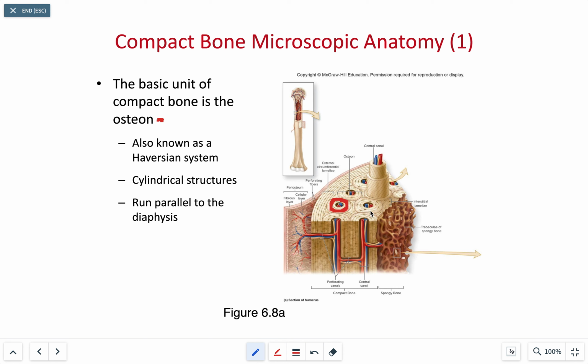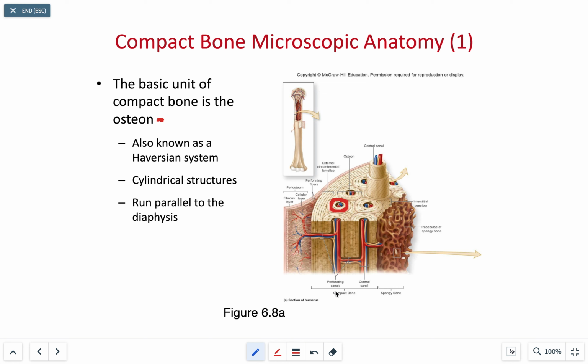All of the nutrient distribution that the osteocytes are receiving comes through the blood vessels, or the arterial flow coming up through the central canal, and then the osteocytes share that material throughout the concentric ring through a series of connections called canaliculi.